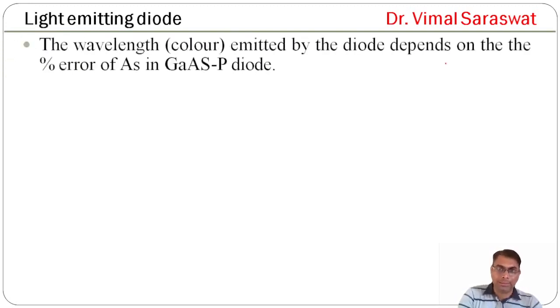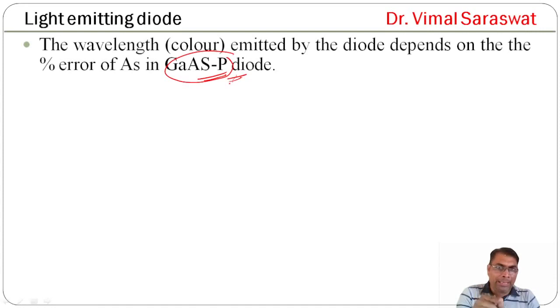The wavelength emitted by the diode depends on the percentage of arsenic in a gallium arsenide phosphide diode. So, what is the amount of arsenic in the gallium arsenide phosphide diode?